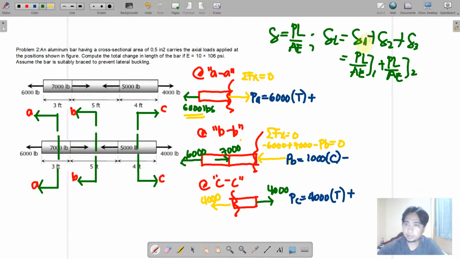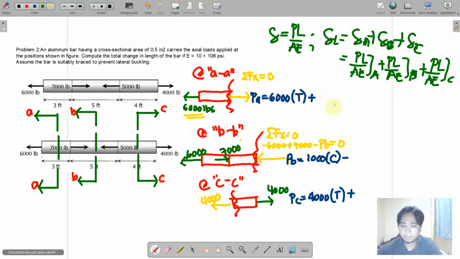Sorry, so we are in ABC. PL over AE of A, B, and PL over AE of C. So PA is equivalent to 6,000. The length is what?